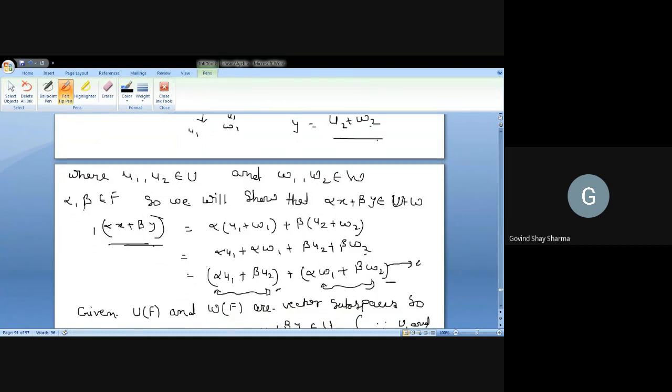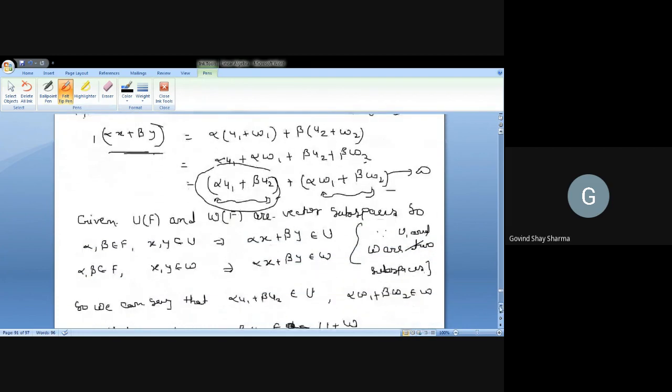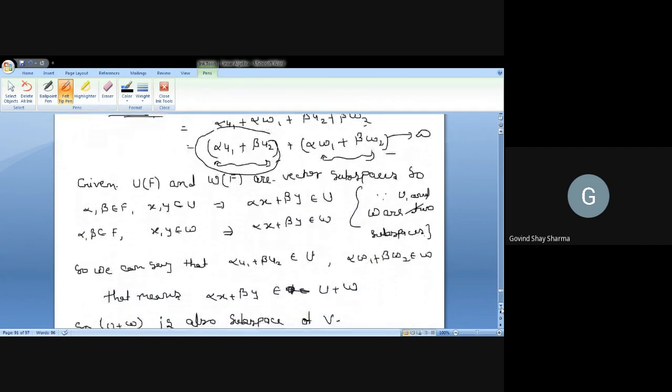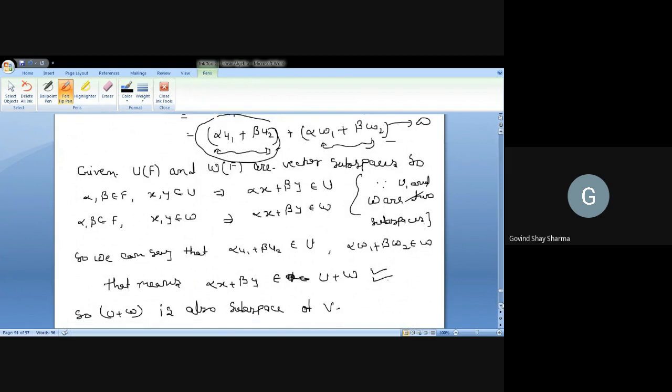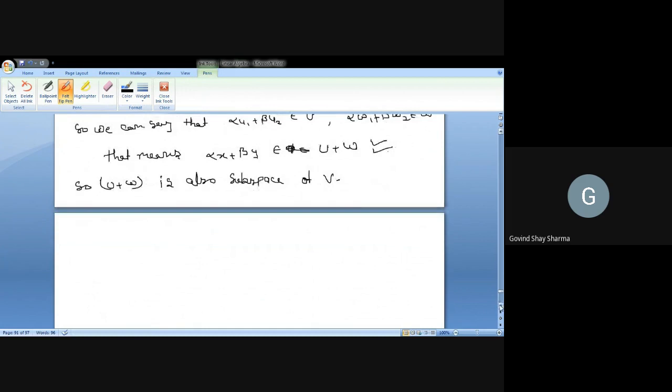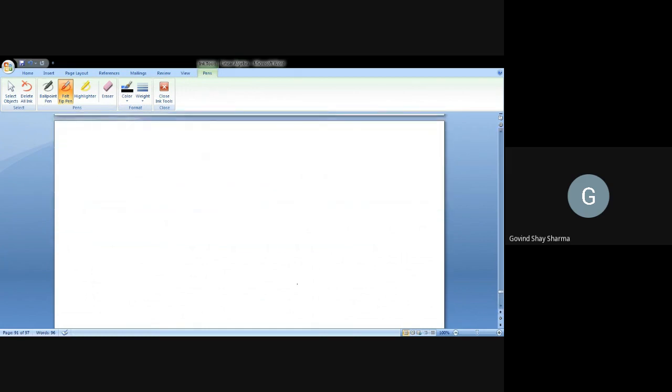This belongs to W and this belongs to U. So alpha x plus beta y belongs to U plus W, and this is the condition for a subspace. So this is an easy and important theorem. Now we move to the direct sum of subspaces.